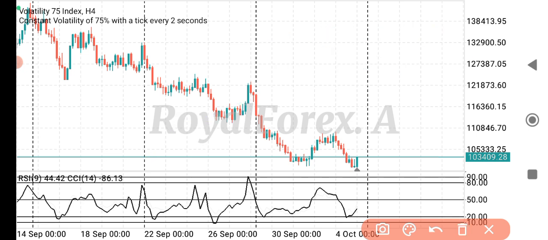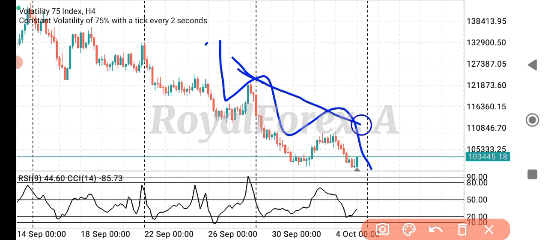Then when we talk about dynamic support and resistance, is when the price is in a trend. Most often in a trend, you see price moving this way. So this particular higher low in an uptrend, in a downtrend, we have a lower high.